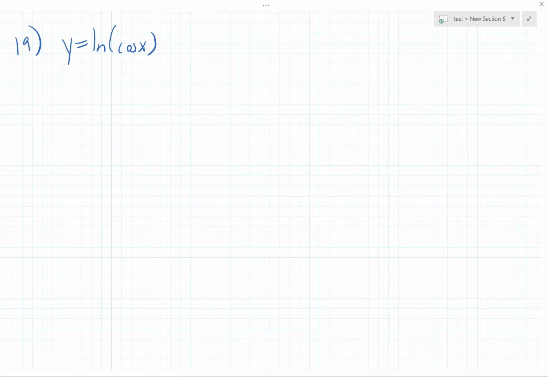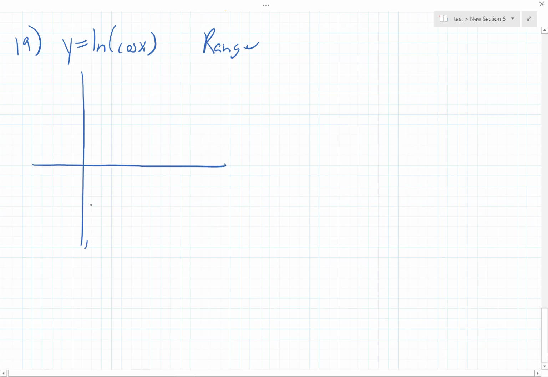Okay, so for this one, they want the range. If it had been a normal ln of x, a normal ln of x looks something like that, goes through that point 1, and it goes all the way up and all the way down. So the range of a normal ln of x is everything, negative infinity to infinity. Our only problem might be what we're getting out of this cosine of x, right?